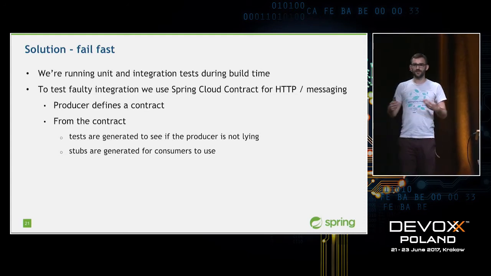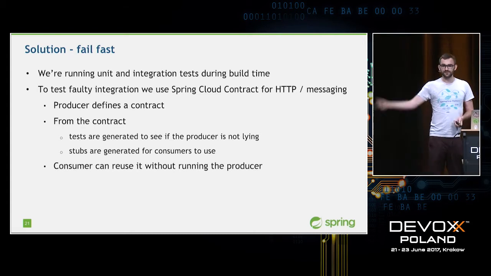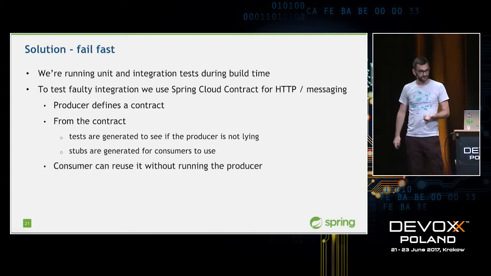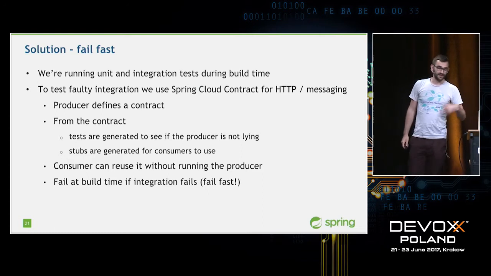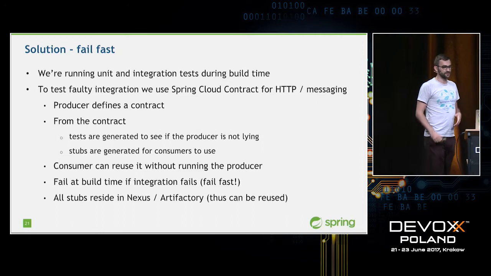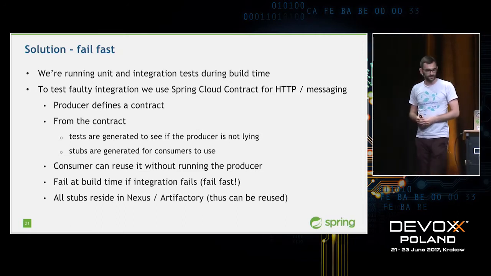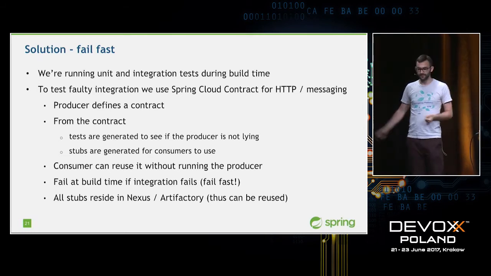We don't want to start any apps for tests. And that way, the consumer can reuse the stubs without running the producer. So I can fail at build time if integration fails on my laptop. And since all stubs are put in a Nexus or Artifactory, so a single hosting place, they can be reused.